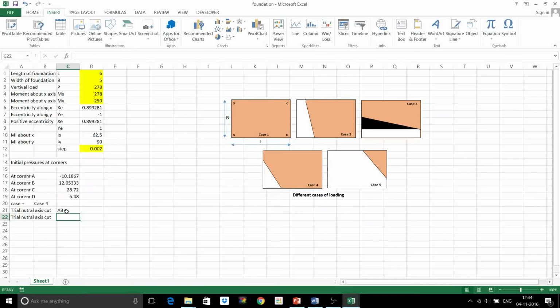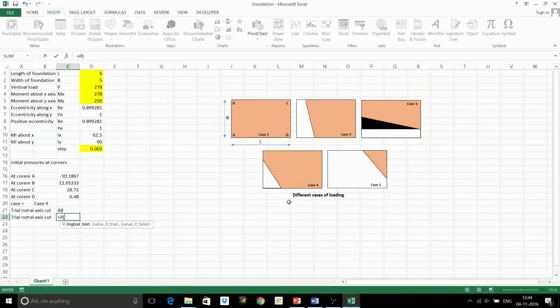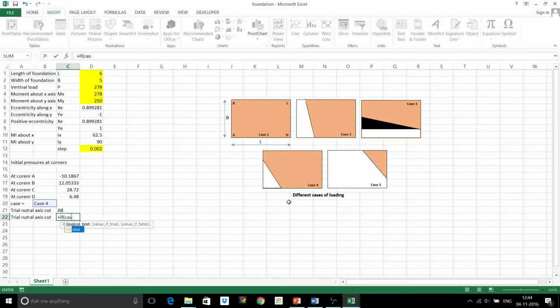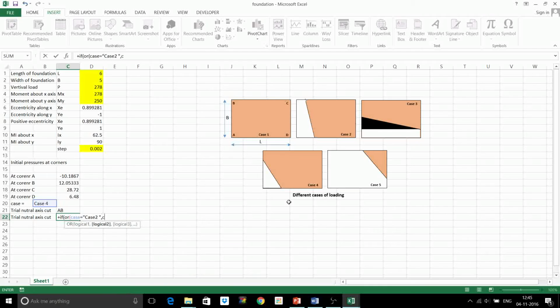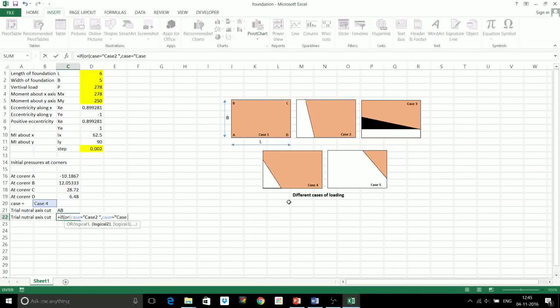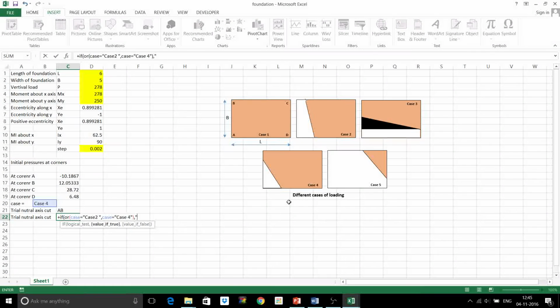And for other side, if case is equal to case 2 and case equal to case 4, then it is cutting AD.